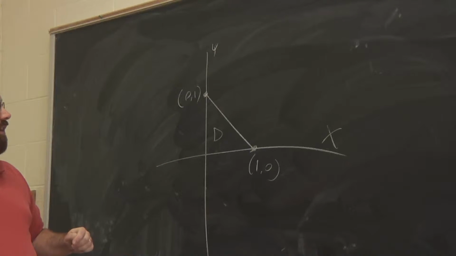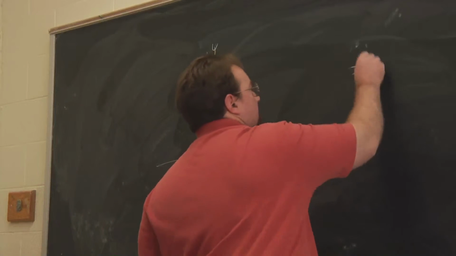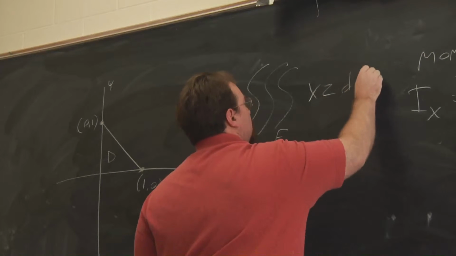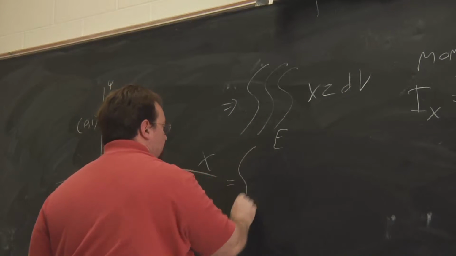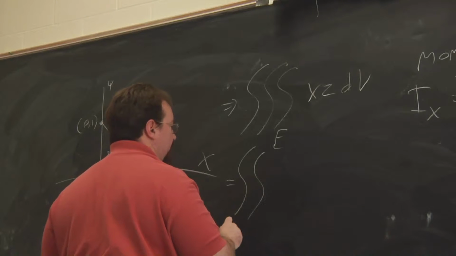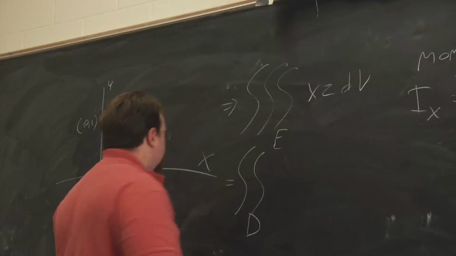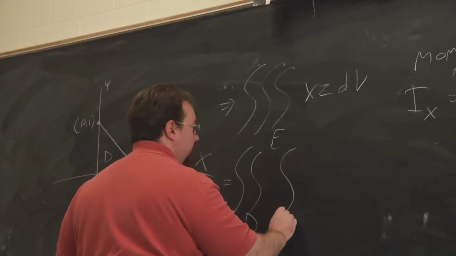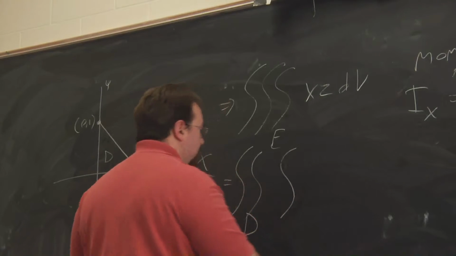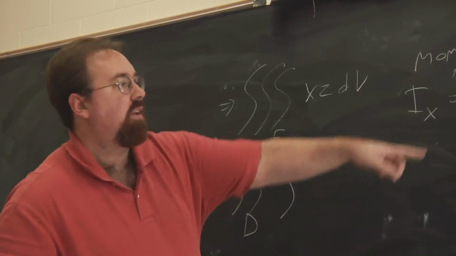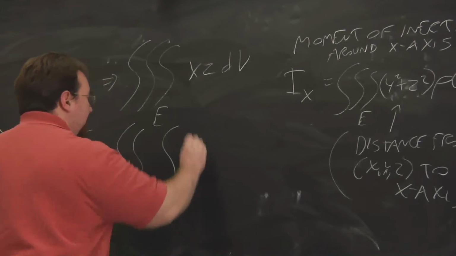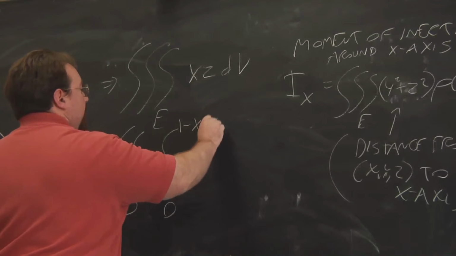So what we can do is describe our triple integral, we'll do the iteration one step at a time, as a double integral over this triangle, and then our inner integral with respect to z will go from our lower bound, z equals 0, to our upper bound, 1 minus x minus y.